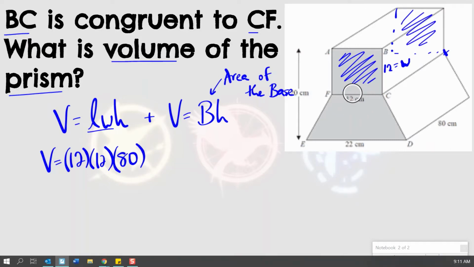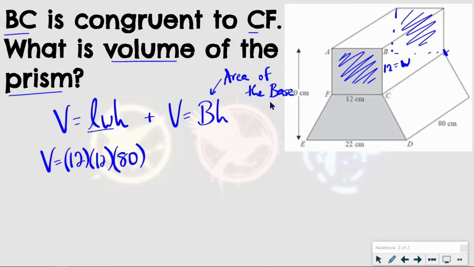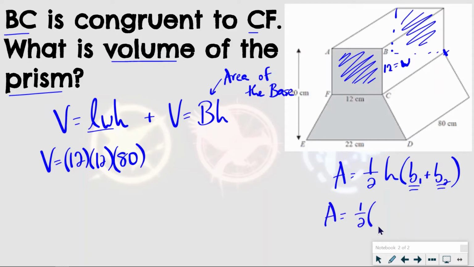Same kind of thing for the trapezoid. To find the area of the base, the area of the trapezoid is 1/2 times the height times B1 plus B2. That's just adding up the two bases, the top and the bottom, or B1 and B2. I have to do that step first because that's in parentheses, so I'm going to do 1/2 times the height of the trapezoid.